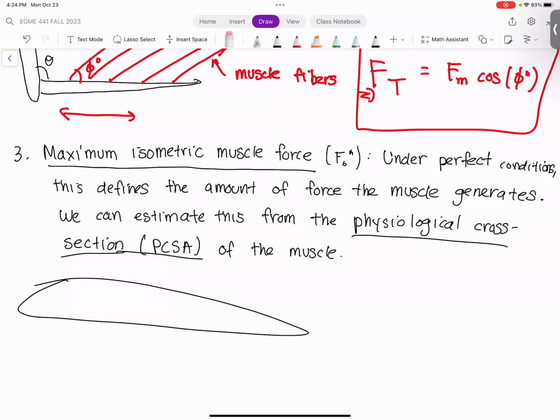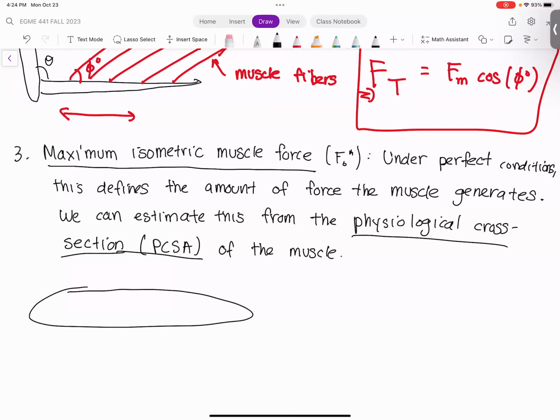let me draw a better picture. Slightly better. Okay. And so if you take a cross section like this, it's going to look different than if you took a cross section like that, right? So when you're talking about cross sections, you have to be specific in terms of how you're taking that slice. Okay.